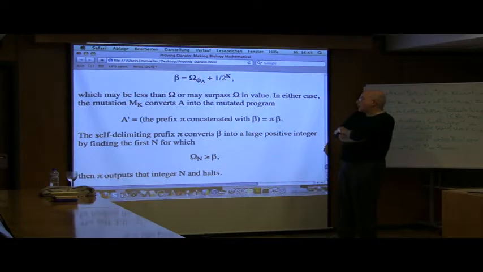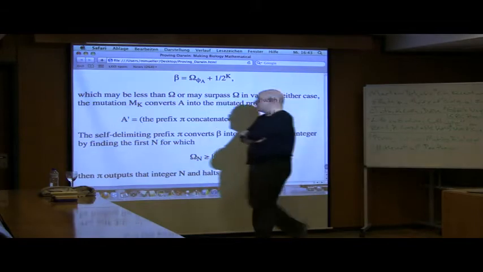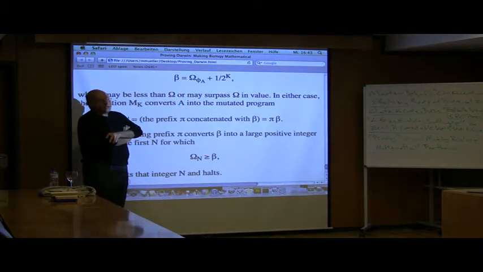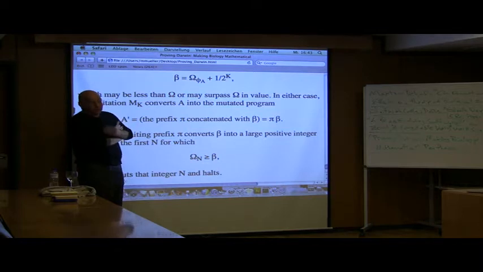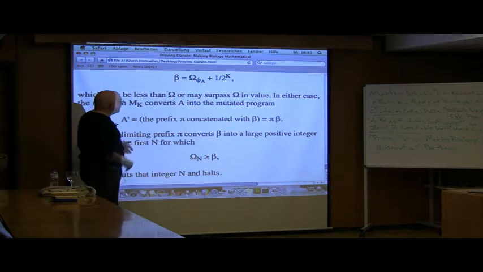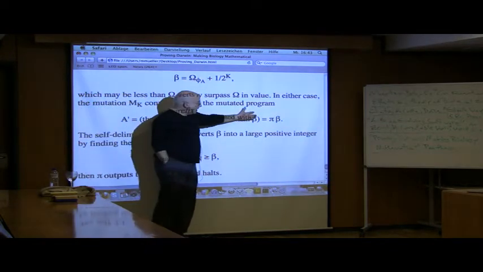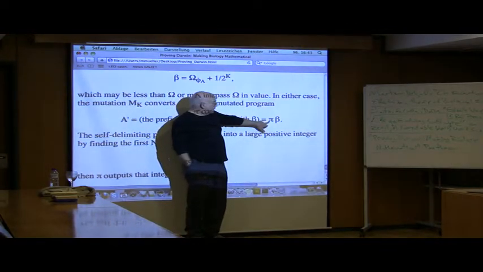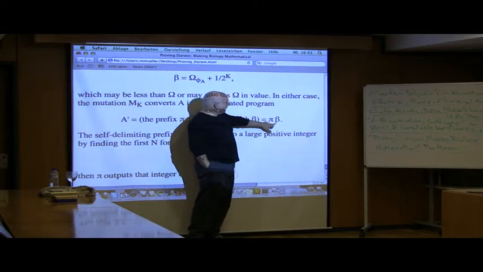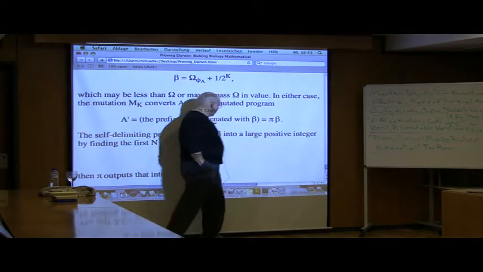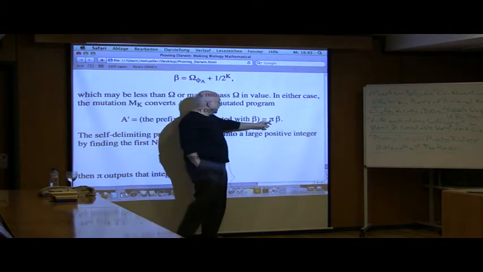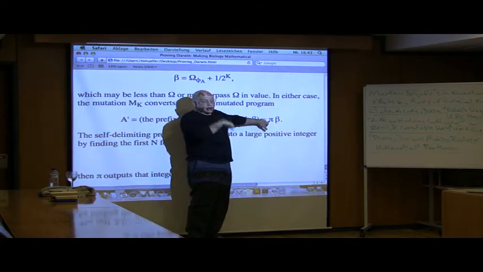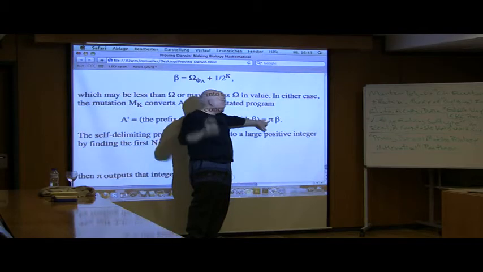So, this mutation in fact will always work if it's applied to an organism which has a fitness, which calculates a positive integer. It will always give me another program. But this program may or may not work. This program, if beta is still less than the halting probability, will in fact be fitter than the previous organism because we've gotten closer to the value of omega.